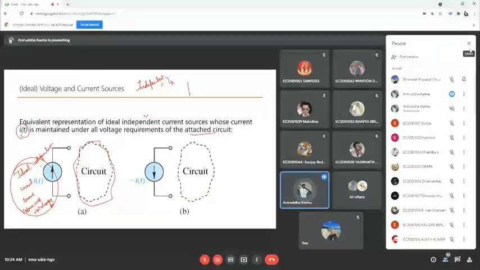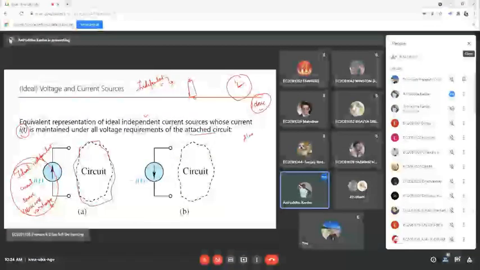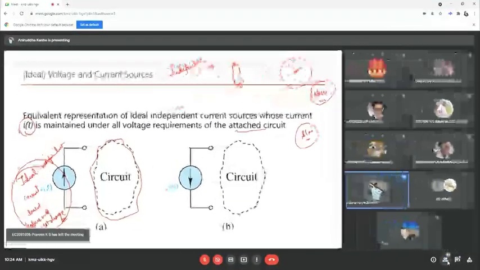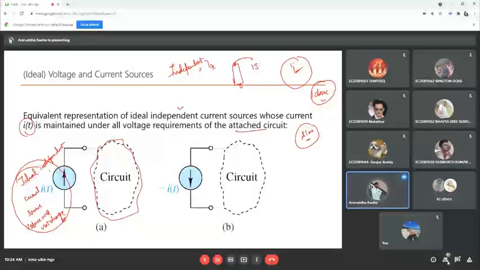If its value is changed, that means there is a problem in your source. How to recall it? Let us say the battery is connected to a wall clock and the clock is showing 10 o'clock when it is 1 o'clock. It is going slow. That means obviously the battery is not able to provide the 1.5 volts. Because of that, the current is not coming properly and the circuit is not operating correctly.